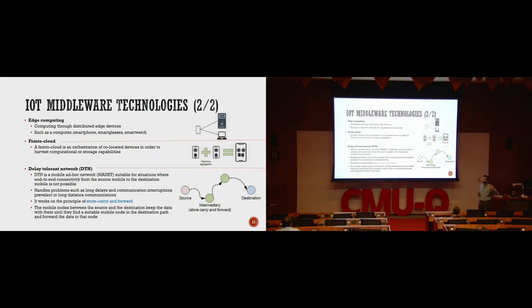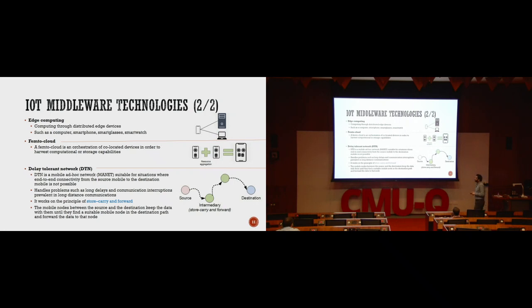In case of fog, it would be owned by some other entity, and it would be relatively less localized as compared to edge computing. When you combine the resources of your edge devices, they become femtocloud.